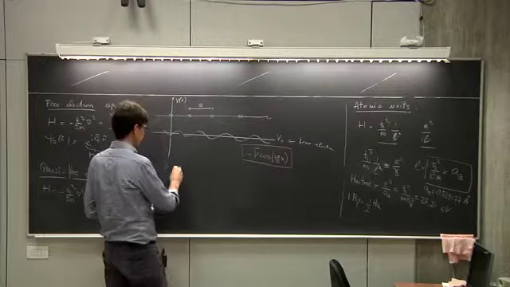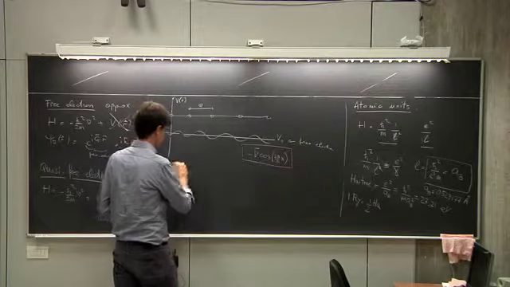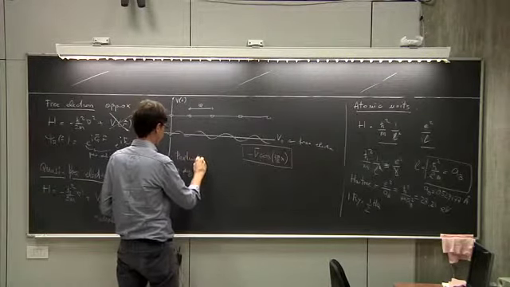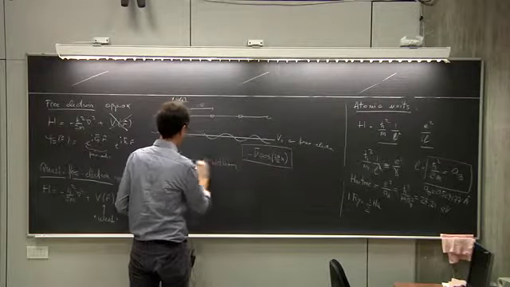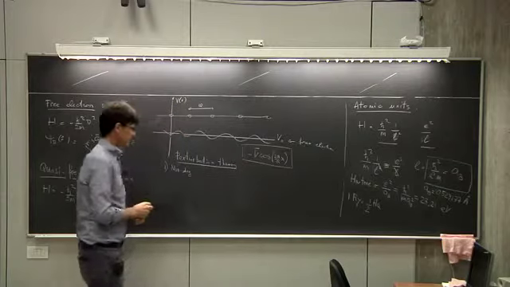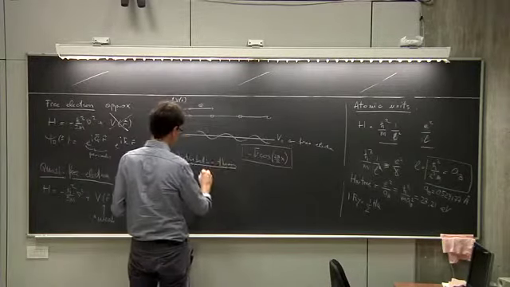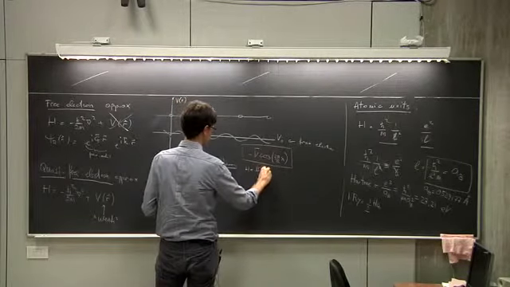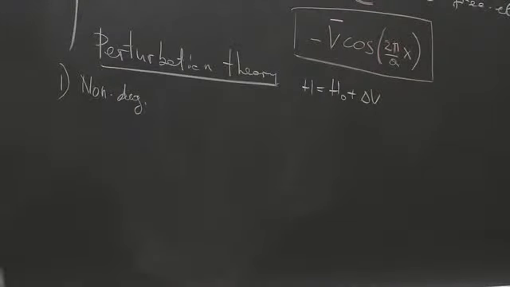So if we have perturbation theory for non-degenerate states, what I have to do, and the Hamiltonian is H equals H0 plus delta V. Delta V is the perturbation.